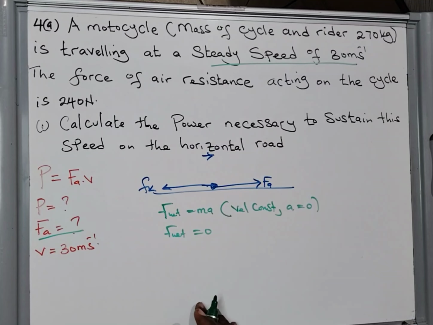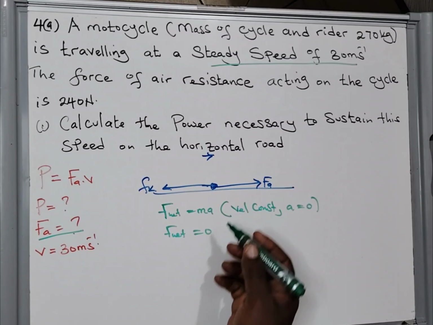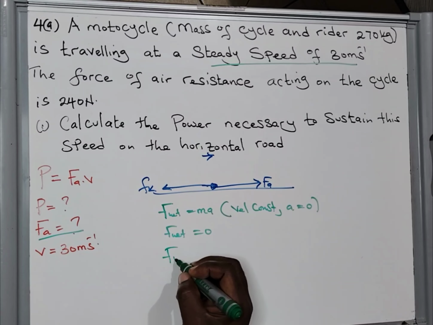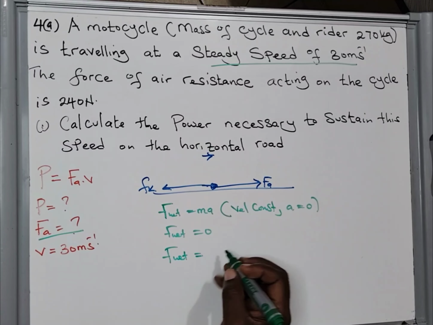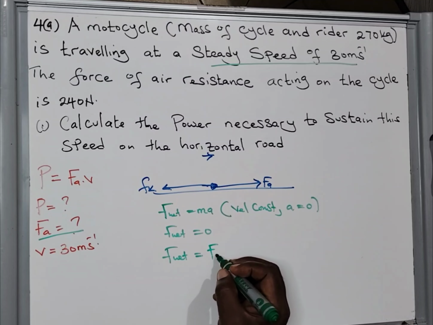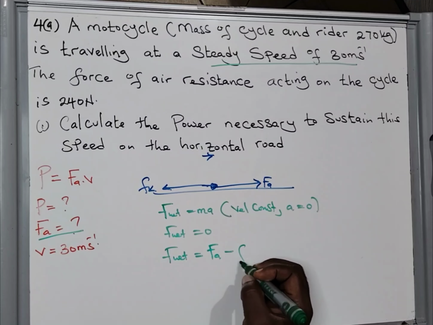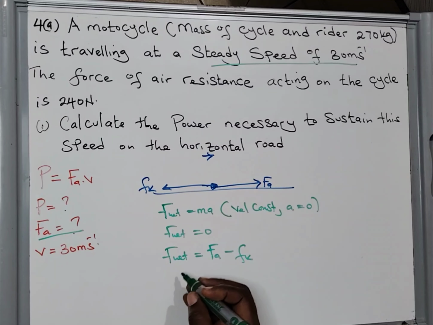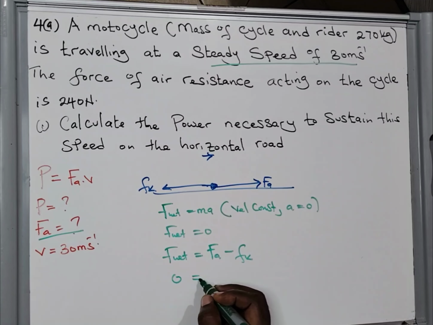So if F net is zero, then we can also have F net in terms of the forces we are having. Remember, F net is equal to sum of forces where the body is going, which is Fa, minus sum of the forces where the body is coming from, which is Fk. And remember, F net is zero.